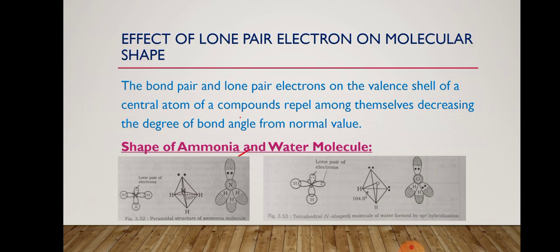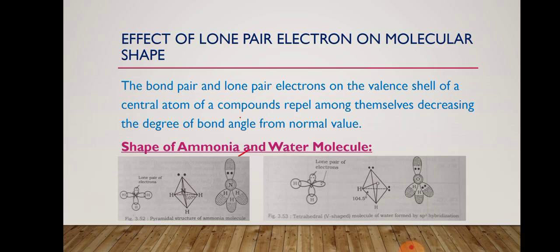To understand distortion of the normal shape of molecules, you have to know about bond pair and lone pair electrons. Though you know these two definitions, I will repeat them again for your convenience.